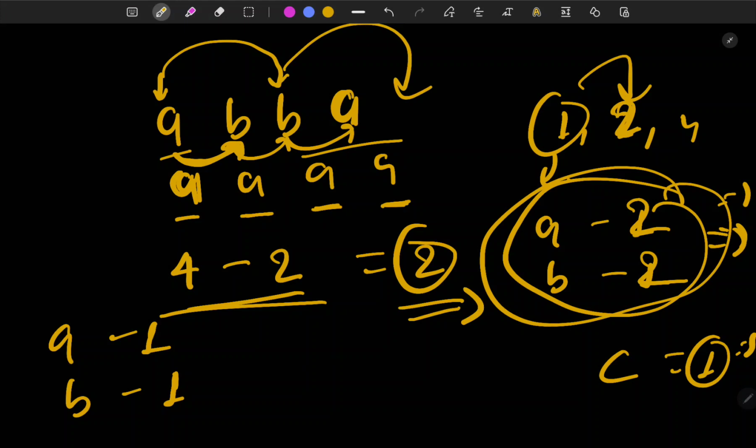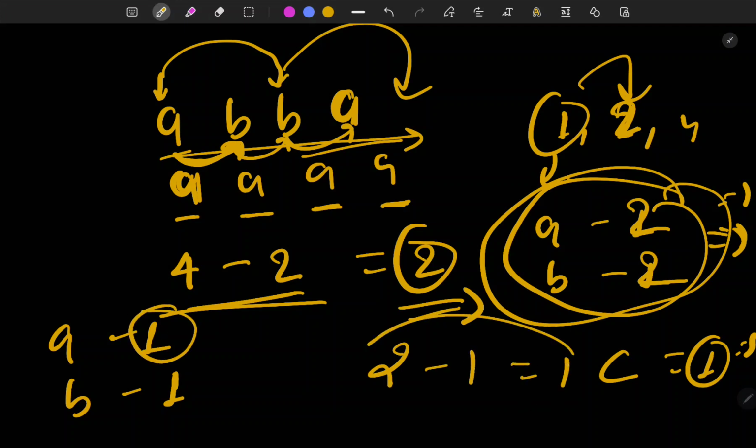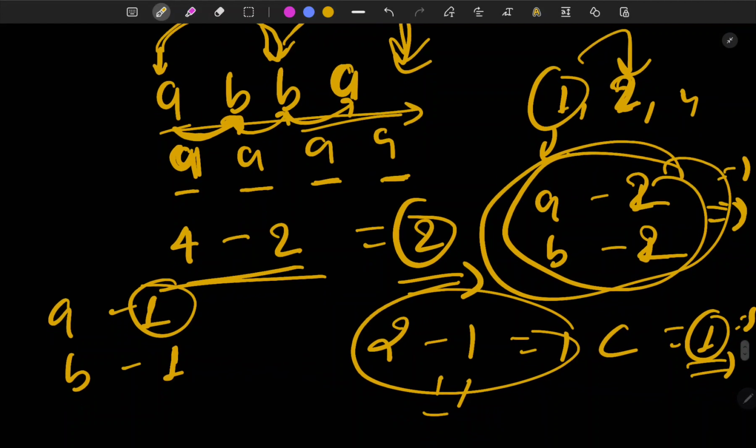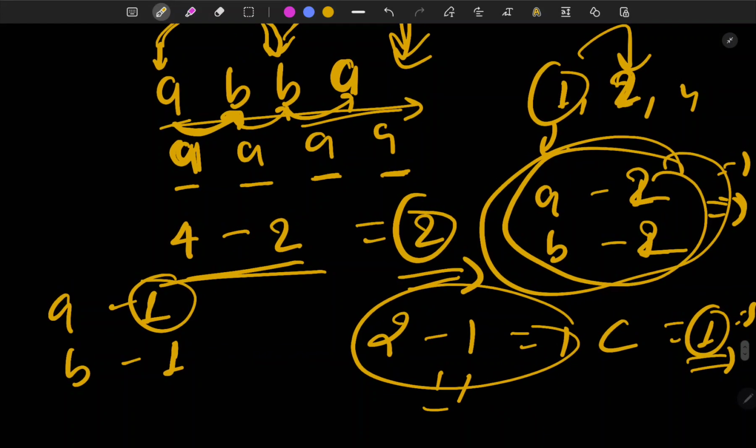So I iterated 2 times, and the maximum frequency is 1, equal to 1.